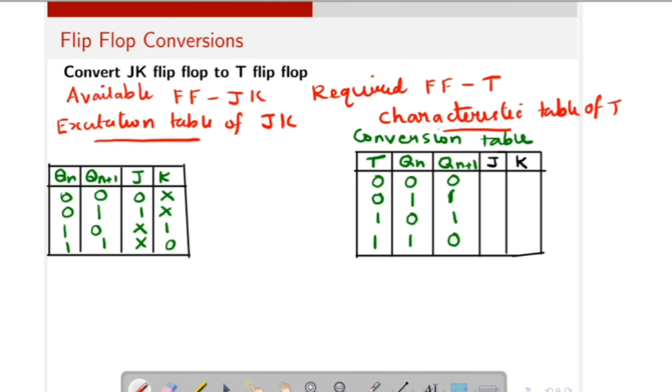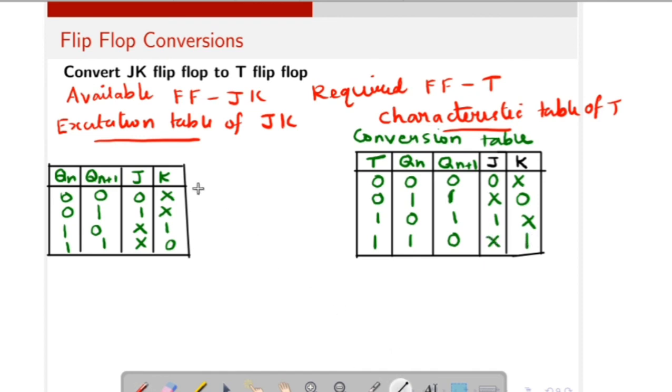From the excitation table, here we write the inputs. When Qn is equal to 0, Qn plus 1 is equal to 0, here it is 0 don't care. Then 1 1, then don't care 0, then 0 1, 1 don't care, then 1 0, don't care 1. Clear?